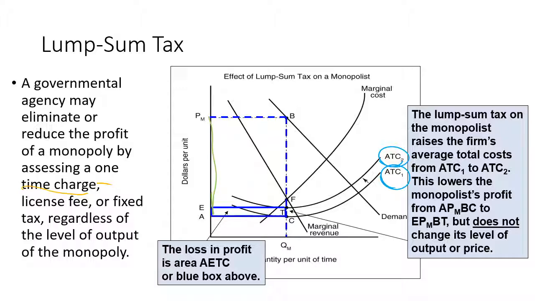Their original profit was this whole square here, and now they're going to take out that section because they have to pay this much more in tax, and their new profit would be the yellow area. So a lump sum tax results in loss of profit for a monopoly.